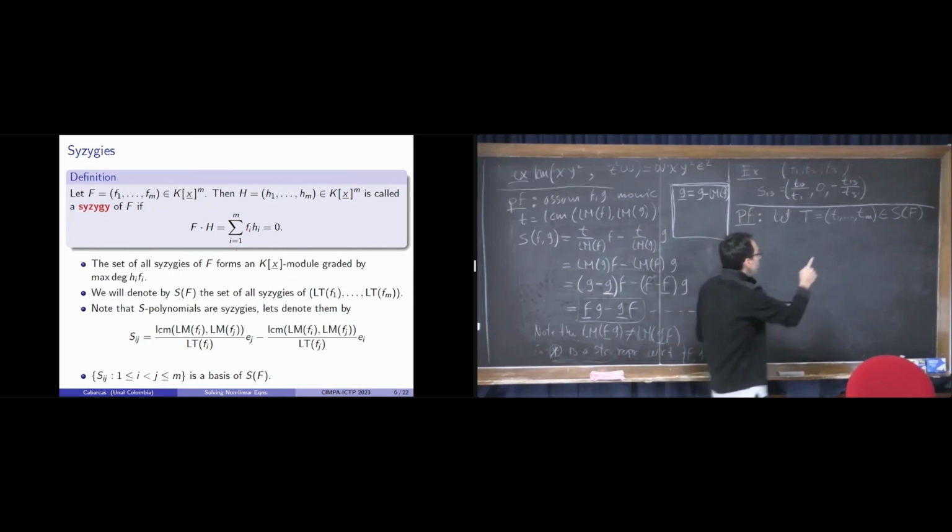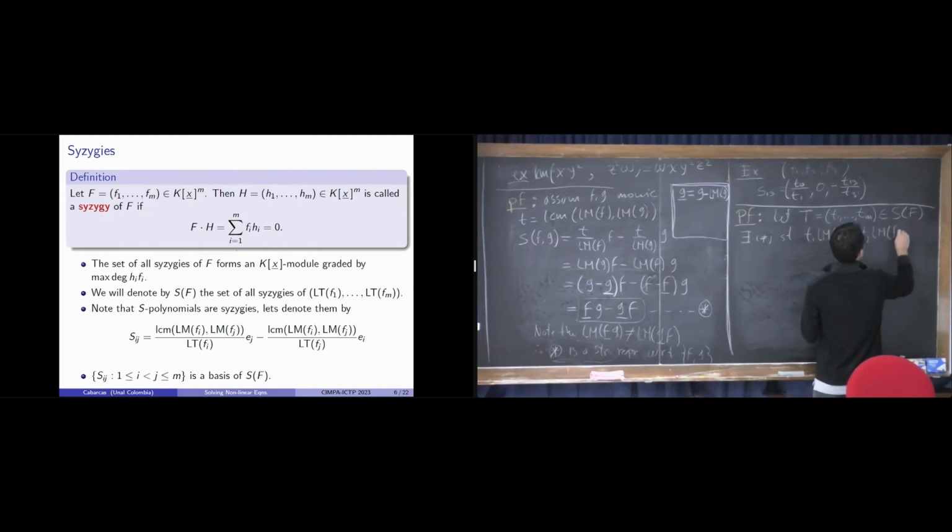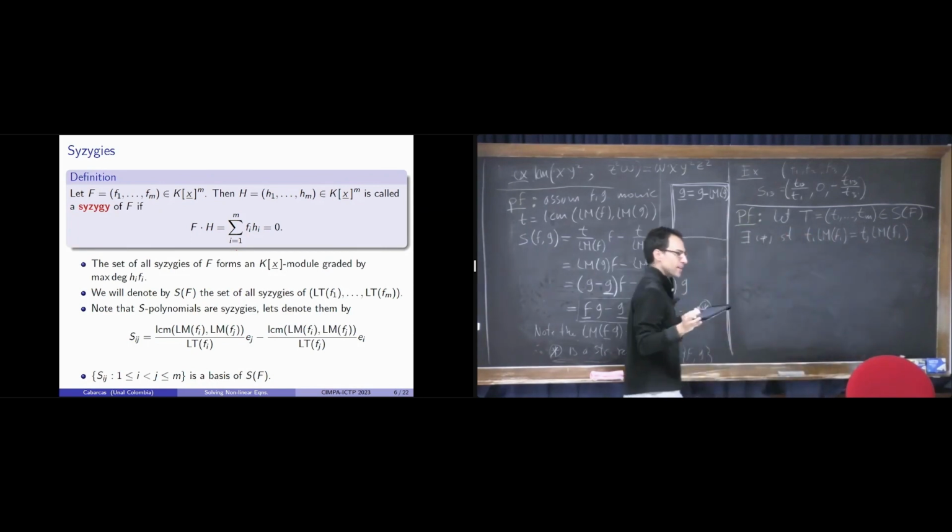There must be at least two positions that cancel each other when they multiply the polynomials. So there must exist i and j, different from each other, such that Ti times the leading monomial of Fi is equal to Tj times the leading monomial of Fj. There must be a pair where they do cancel, otherwise it could not be a syzygy.